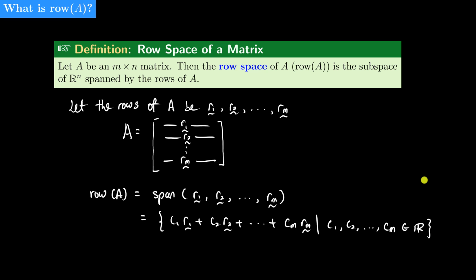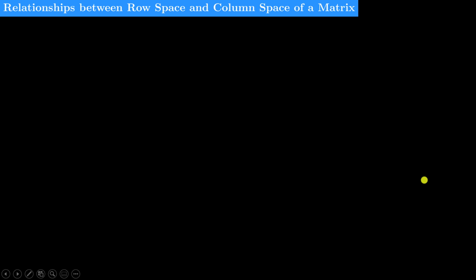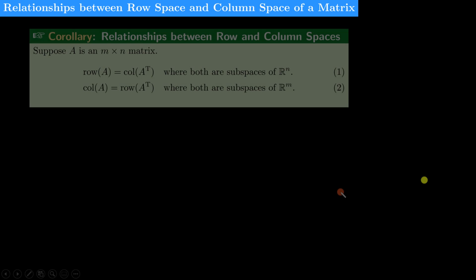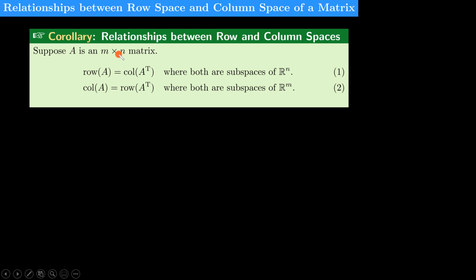So in other words, the row space of the matrix A is the set of all linear combinations of the rows of matrix A. Now let's take a look at the relationships between row space and column space of a matrix. Suppose A is an m by n matrix, then the row space of A is equal to the column space of the transpose of A, where both are subspaces of Rn.